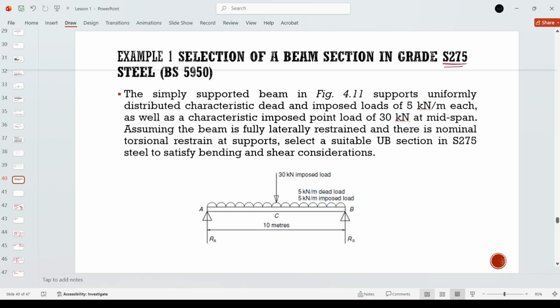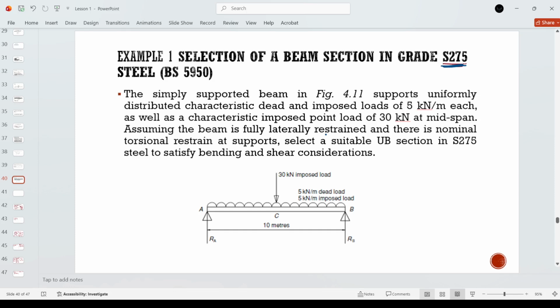A simply supported beam in the figure below supports uniformly distributed characteristic dead load and imposed load of 5 kilonewtons per meter each, as well as a characteristic imposed point load of 30 kilonewtons at mid span.